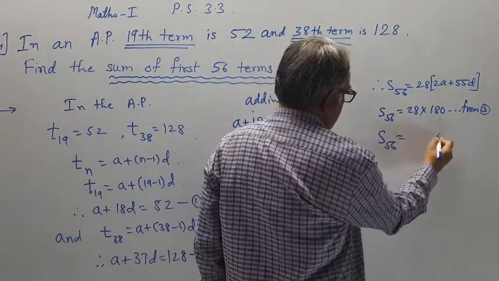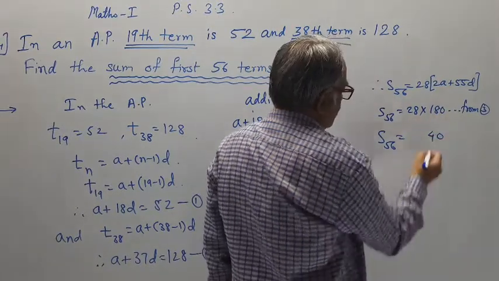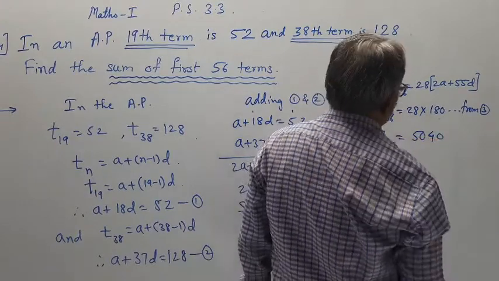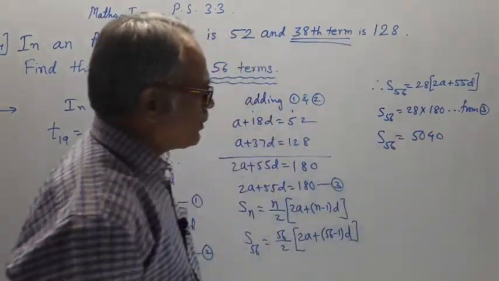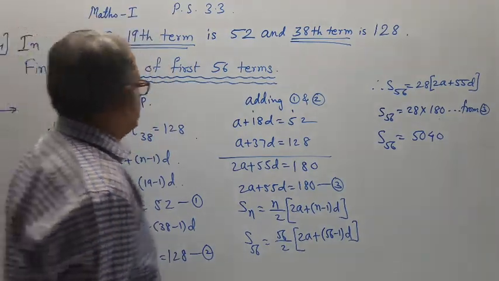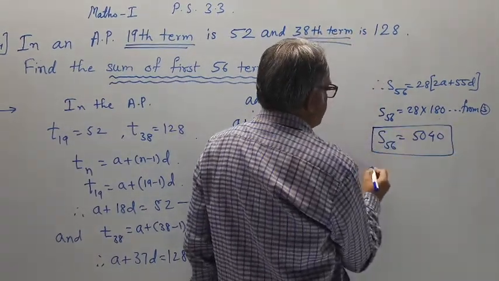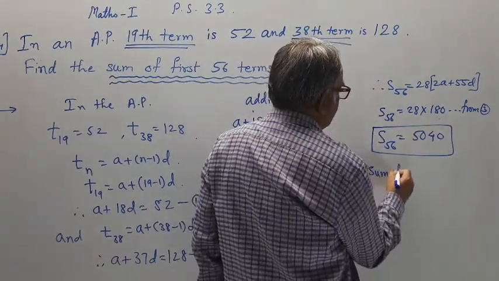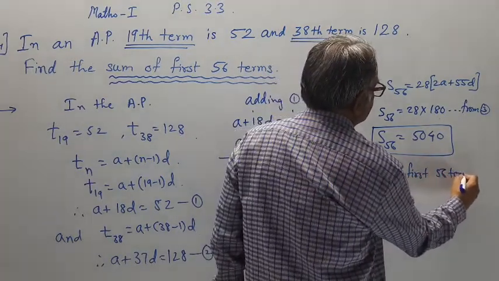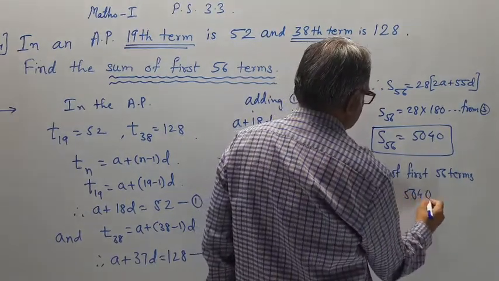S56 is equal to 0 as it is. 18 8s are 144, 18 2s are 36 and 14. From 144, 5040. S56 is 5040. Sum of first 56 terms is 5040.